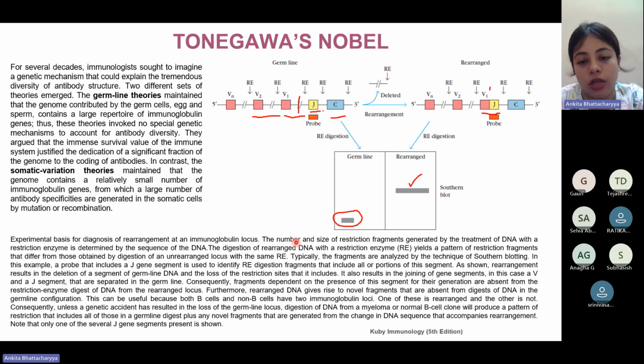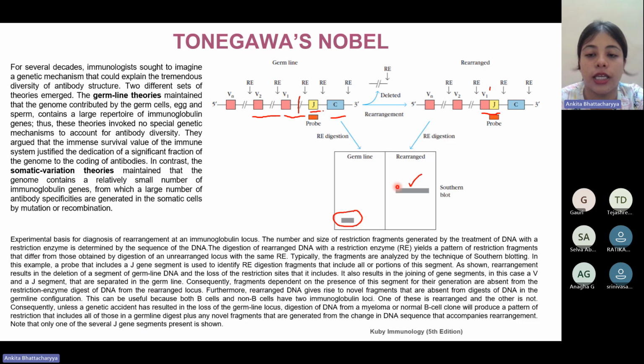The digestion of rearranged DNA, what you see here on the right, with a restriction enzyme will yield a pattern of restriction fragments that differs from those obtained by digestion of an unrearranged locus with the same RE. Obviously, we see that for an unrearranged locus, we have smaller fragments because more DNA is available for digestion, whereas for a rearranged DNA, that is not the case.